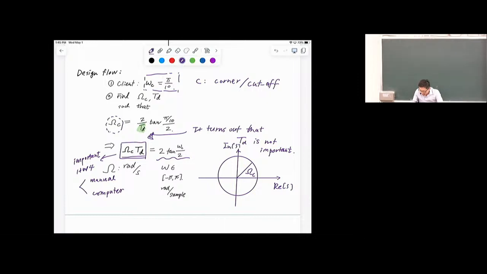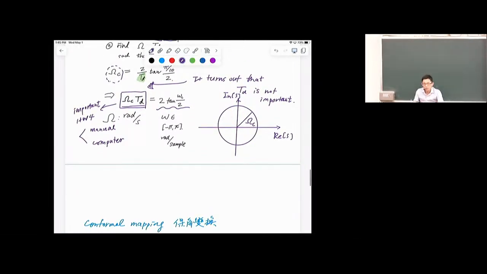Remember this is the S domain, this is not a unit circle. This is already in the S domain. And in this homework, you can find a detailed description of how to locate your poles on this circle with radius big omega c.